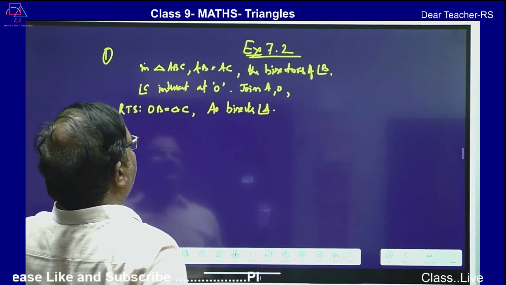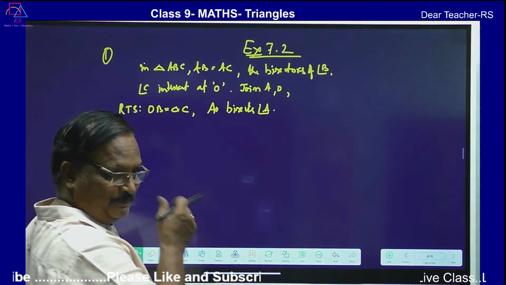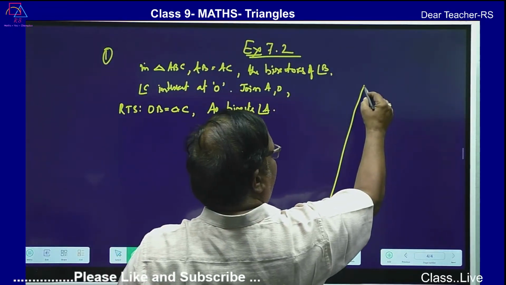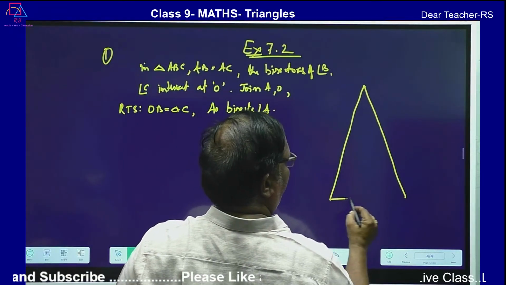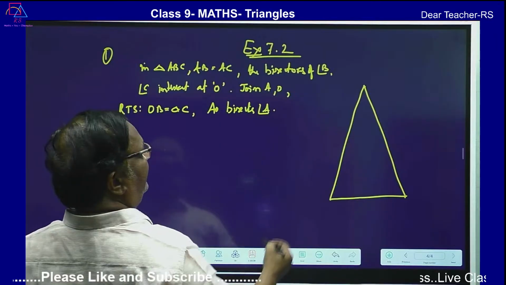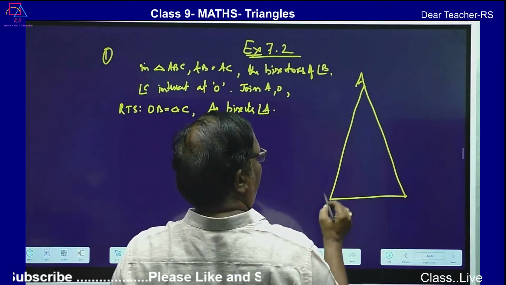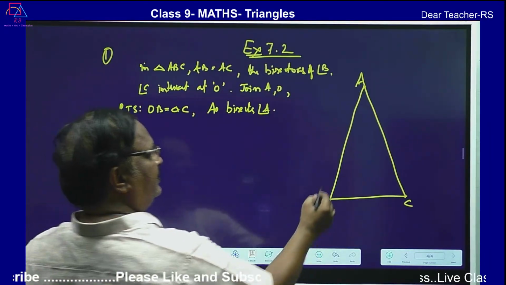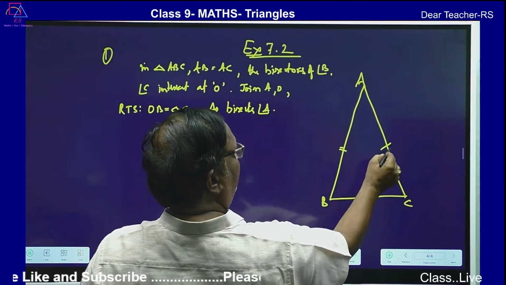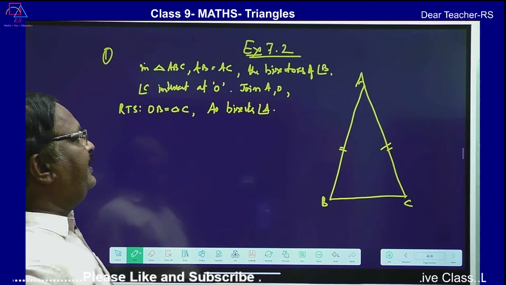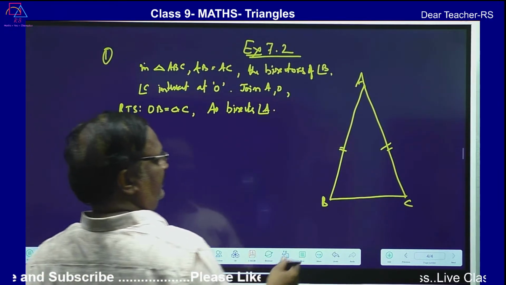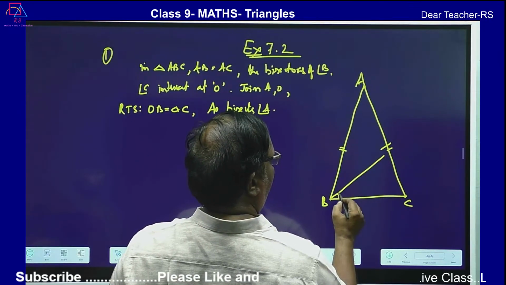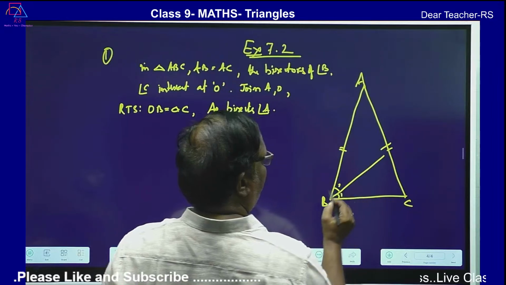Okay, so now let us draw the diagram. ABC triangle. You could draw this before I draw. Okay, Rajesh, very good. ABC, AB is equal to AC. And the bisector of B, it goes like this, and the two angles are equal, angle 1 is equal to 2.